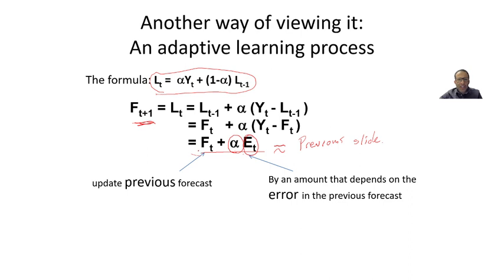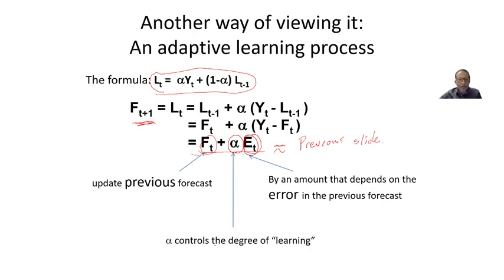What exponential smoothing is going to do is update the previous forecast by an amount that depends on the error in the previous forecast. So we need to know the previous forecast and the error of that forecast, and we are going to update the values given that forecast.